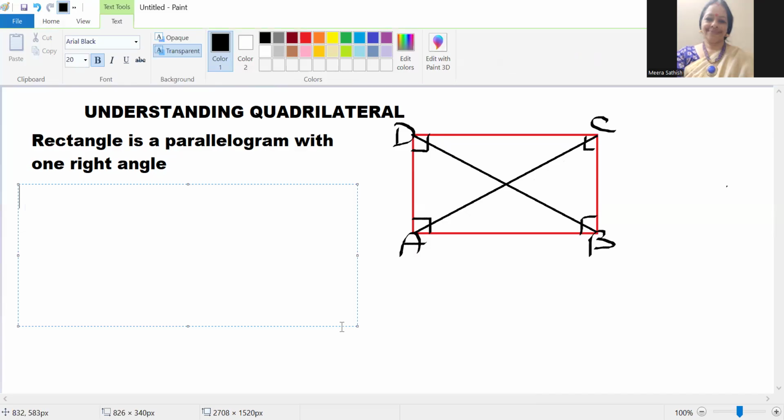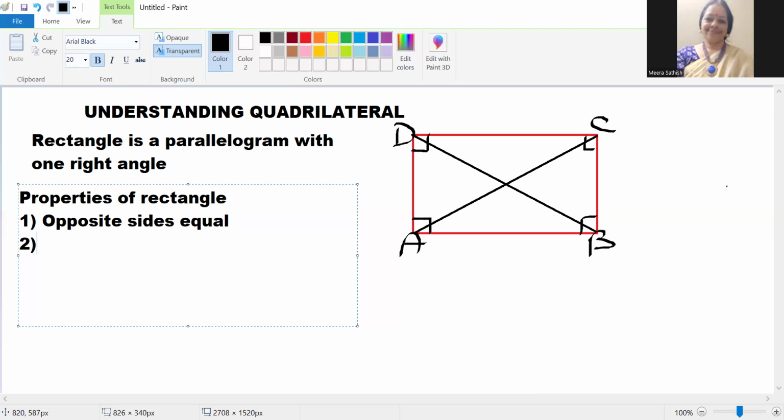We can say opposite sides equal. Properties of rectangle. Let us write. Opposite sides equal. Then all angles right angle.